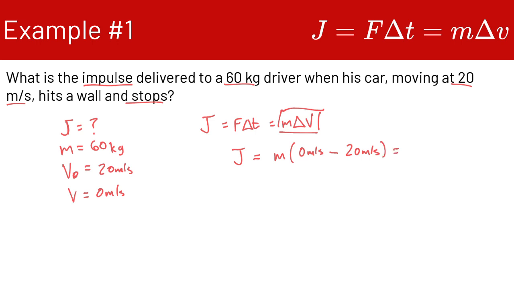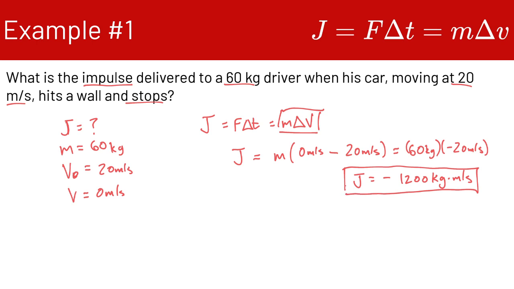So we have 60 kilograms times minus 20 meters per second. That gives us an impulse of minus 1,200 kilograms meters per second. So the driver's momentum changed by minus 1,200 kilograms meters per second.